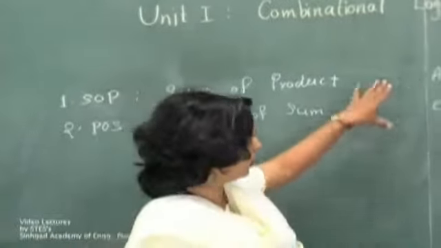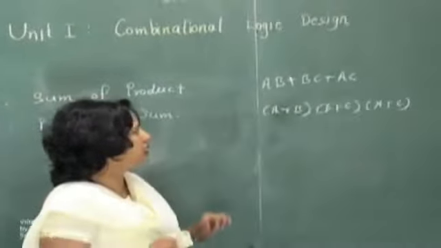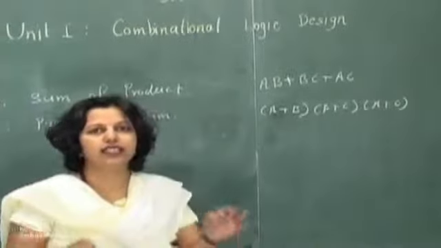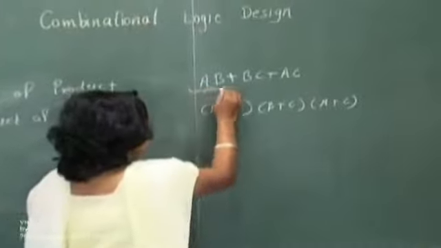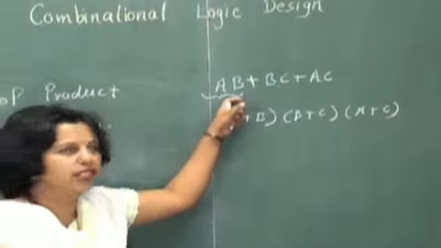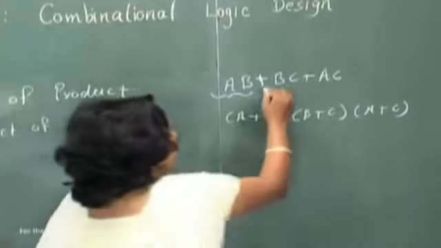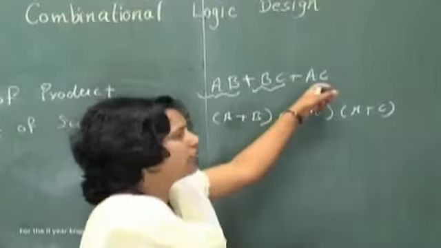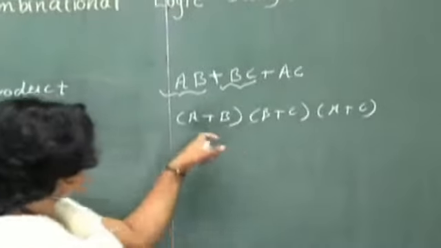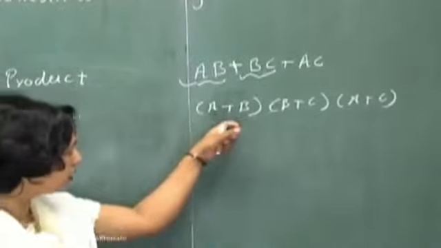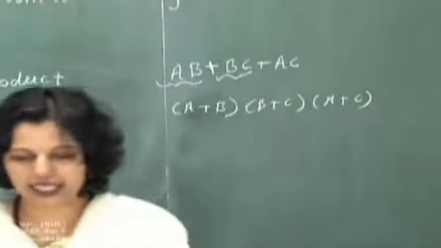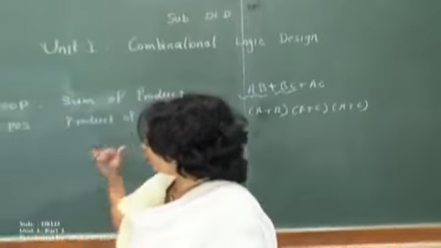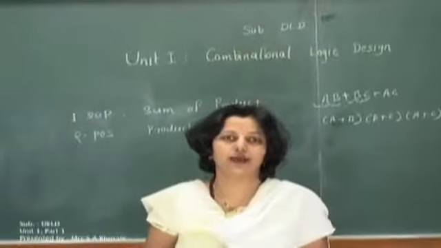Now in this example, there are three variables, that is A, B, C. But in each term at least one variable is missing. Here C is missing, here A is missing, similarly here B is missing. In the POS form also, C, A and B are missing respectively. The next terms in the SOP and POS forms are standard SOP and standard POS.